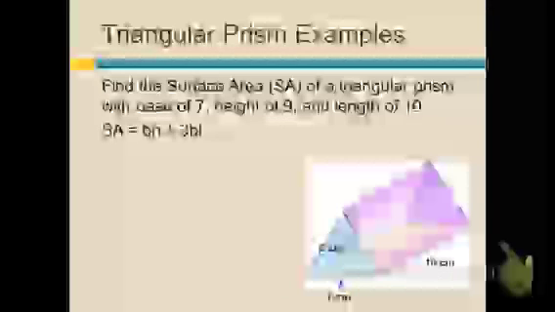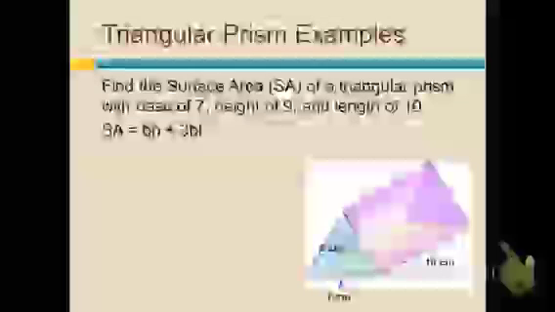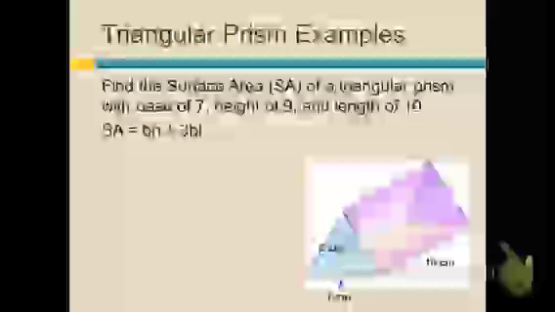To find the surface area of a triangular prism with a base of 7, a height of 9, and a length of 10, we use the formula surface area equals the base times height plus 3 times the base times length. The 3 is there because we really have 3 rectangles that form the sides of the prism, and a rectangle has an area of base times length.